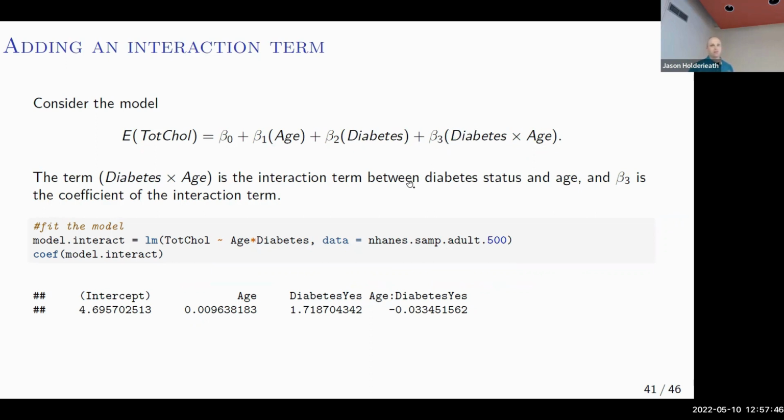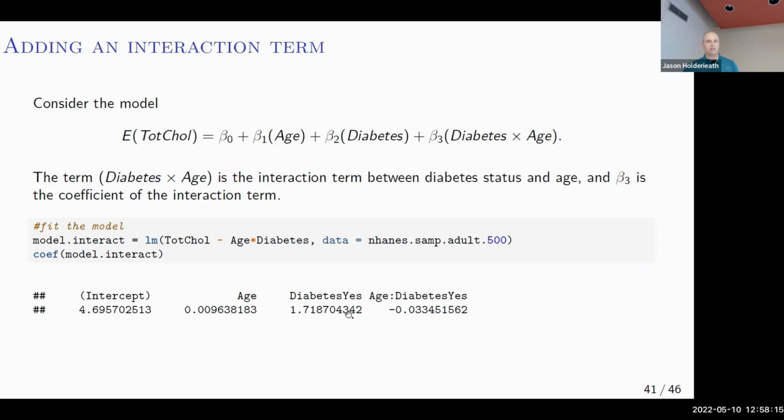So in this case, we have our intercept of 4.69. Our age coefficient is 0.009. And so we would expect an increase of 0.009 points for cholesterol for a unit of age. We would expect that diabetes increases cholesterol by 1.718.